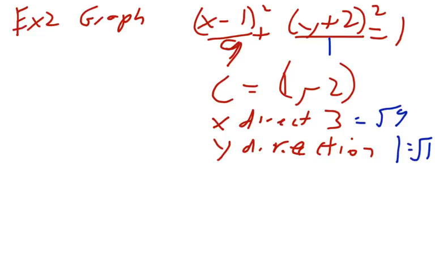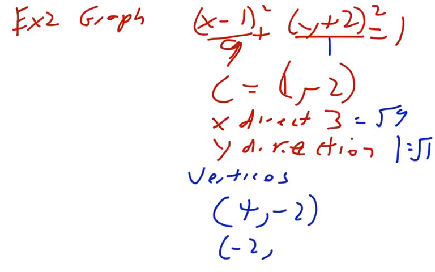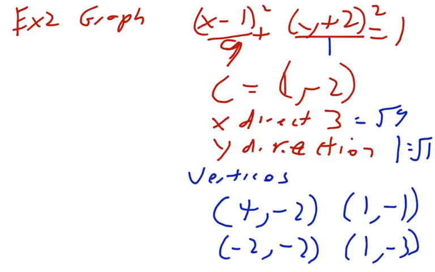So my vertices are going to be, if I move 3 in the x direction, (4, negative 2) and (negative 2, negative 2). And if I move 1 in the y direction, I will be at (1, negative 1) and (1, negative 3).